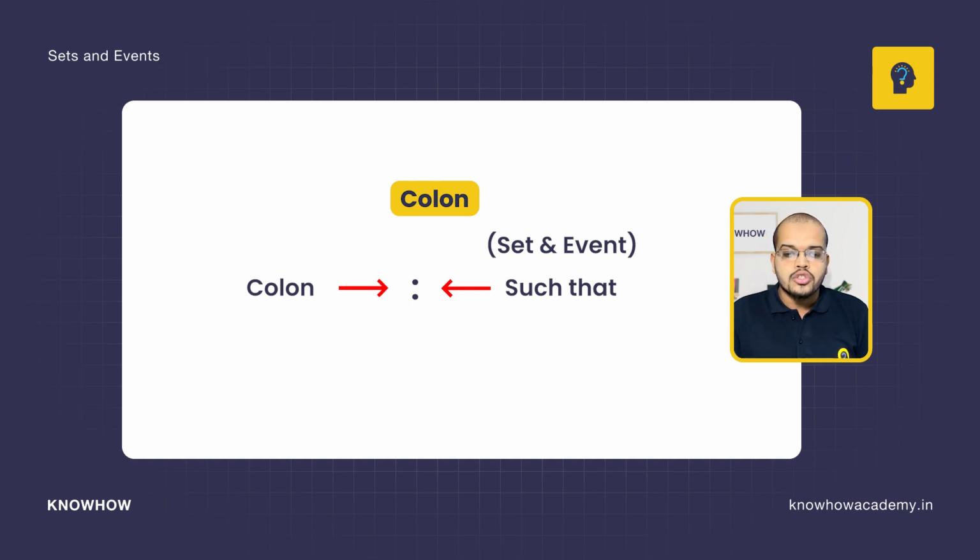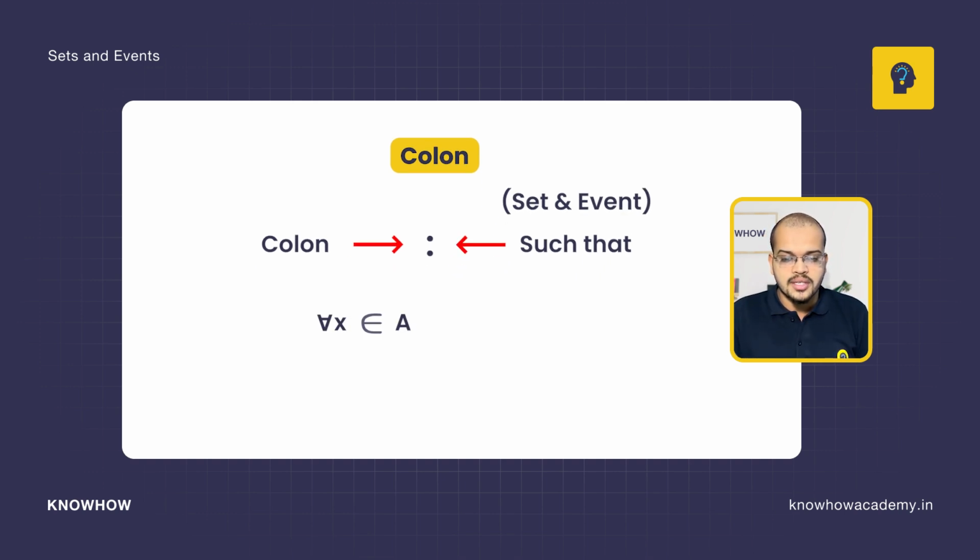So if I write like this, for all X in A such that X is even, this is how we pronounce it. When we pronounce it, it looks very big, but we represent it in symbols and letters, looking like this. As simple as that.